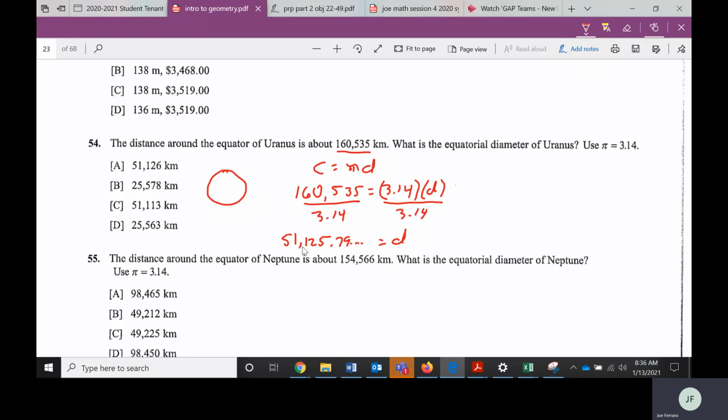Now they just rounded to the whole number, so if I look at the next digit, this is 5.9, so this bumps up. That would be the distance going through the middle from one side to the other.